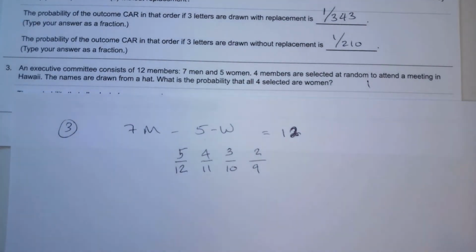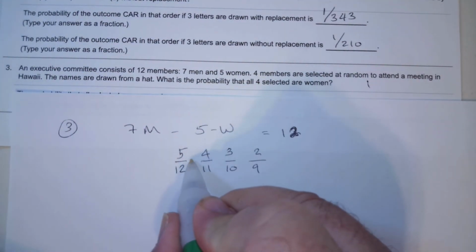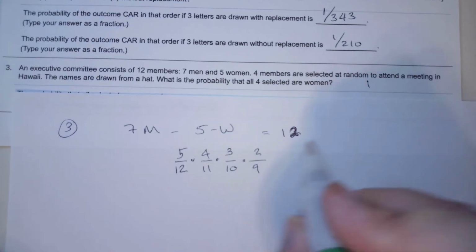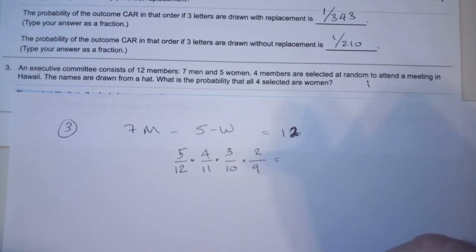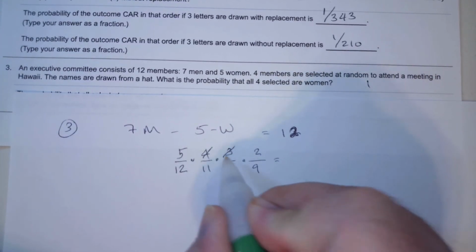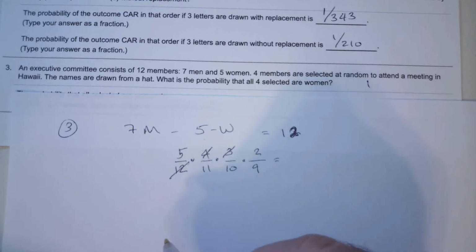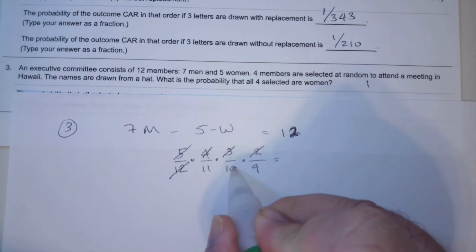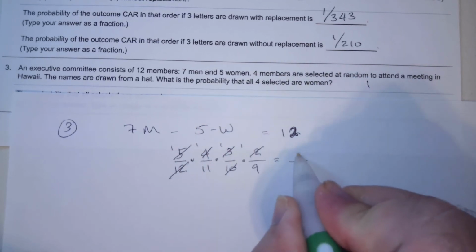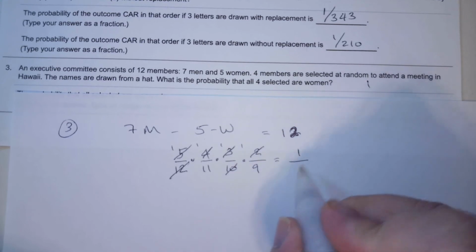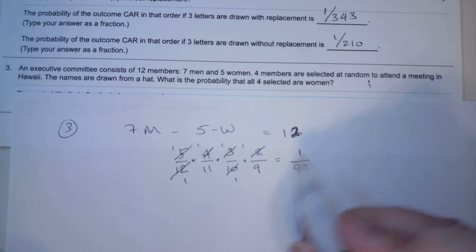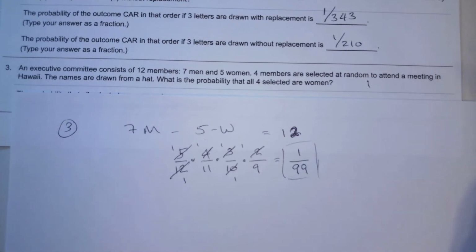Now, since we're multiplying, because the first one has to be a woman, and the second, and the third, and the fourth, we're multiplying them. Before you multiply, let's simplify. 4 times 3 is 12. 5 times 2 is 10. So the top is 1. 11 times 9 is 99. So the chances are 1 out of 99 tries.